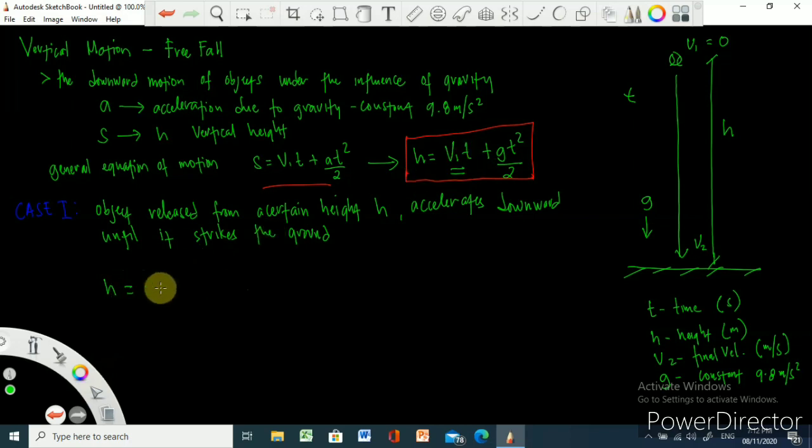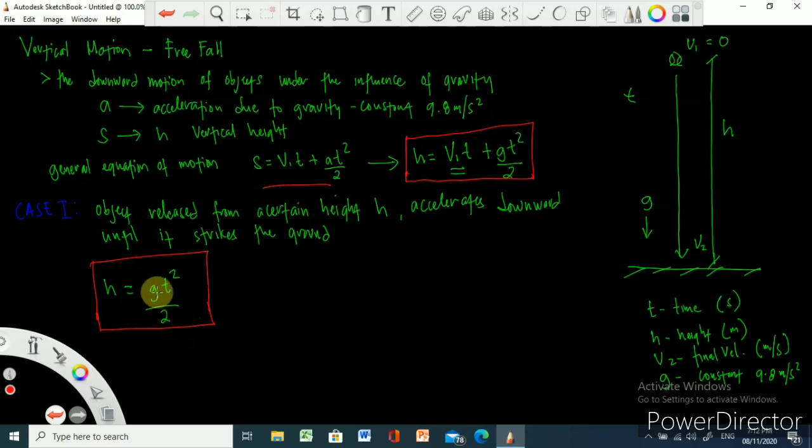Your height now will become GT squared over 2. Okay? So this will be our first equation. So how will you get the height? You multiply the gravity, 9.8, to time squared, and then you divide it by 2. Okay?